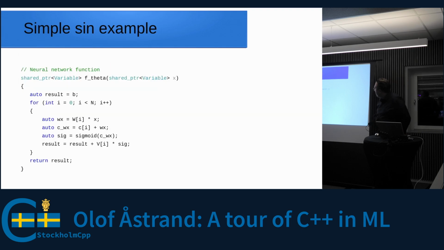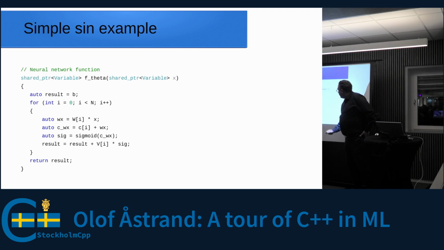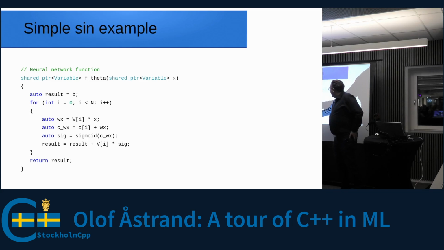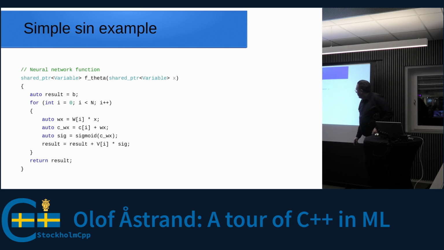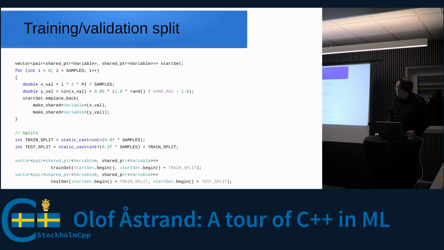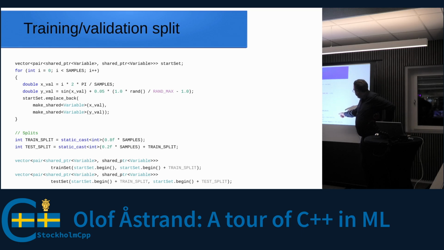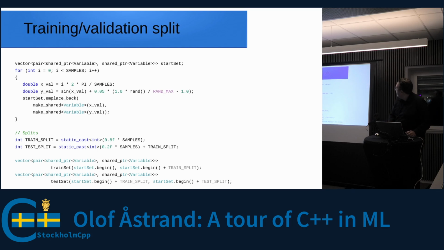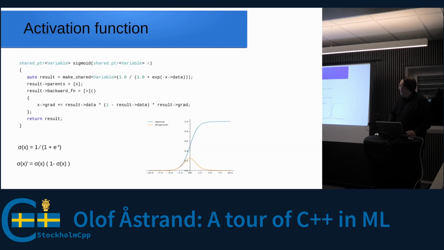Here's the C++ code for the neural network function. It just takes the weights and an offset, runs it through the sigmoid and outputs the result. Here we split the data into training and test data. And then we run it through the activation function.